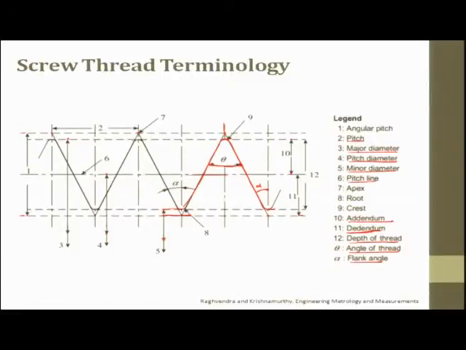If you draw and extend the flat planes and they meet at a point, that point is called the apex. In the same way, at the bottom, wherever it meets, it is called the root. The portion where it is touching the imaginary line is called the crest. So, crest happens on the top, root happens at the bottom.